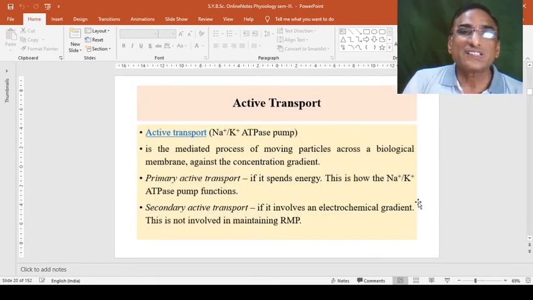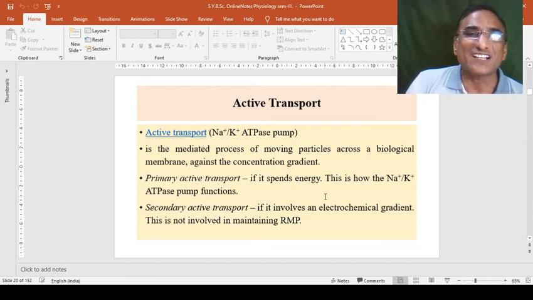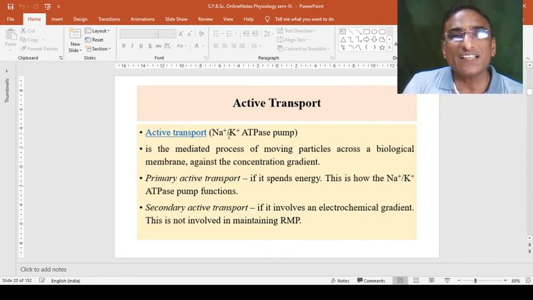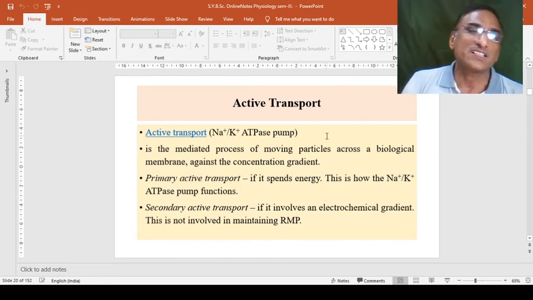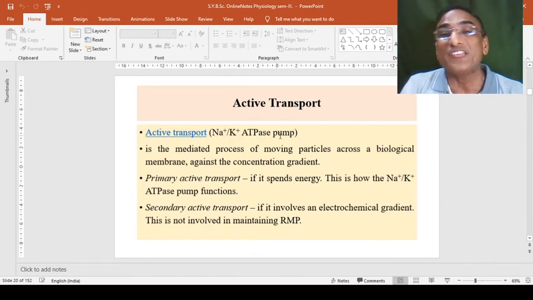Now the next topic, a second subtopic, is active transport. These ions are moving inside and outside, therefore mostly we call it a sodium potassium pump, and this activity is facilitated in presence of energy, that is adenosine triphosphate. Therefore this is called the sodium potassium ATPase pump.